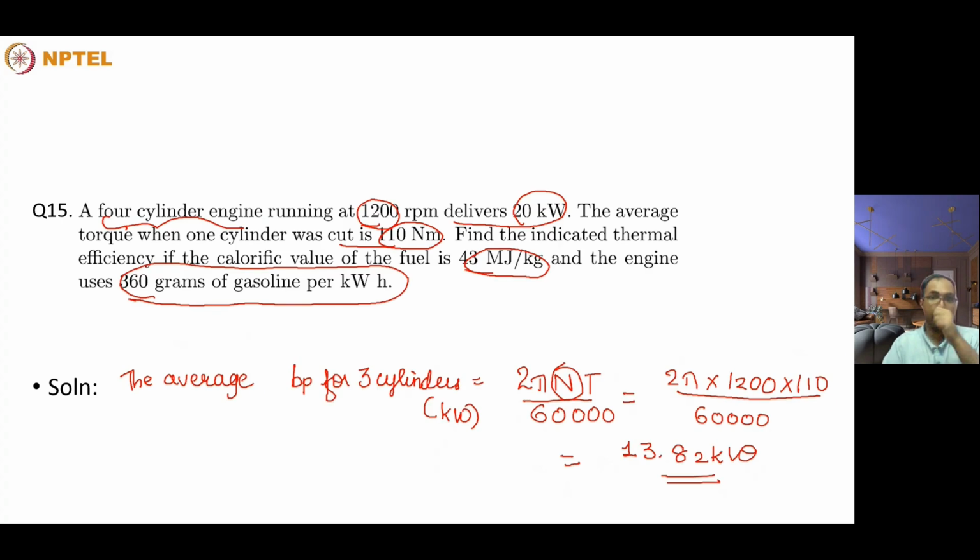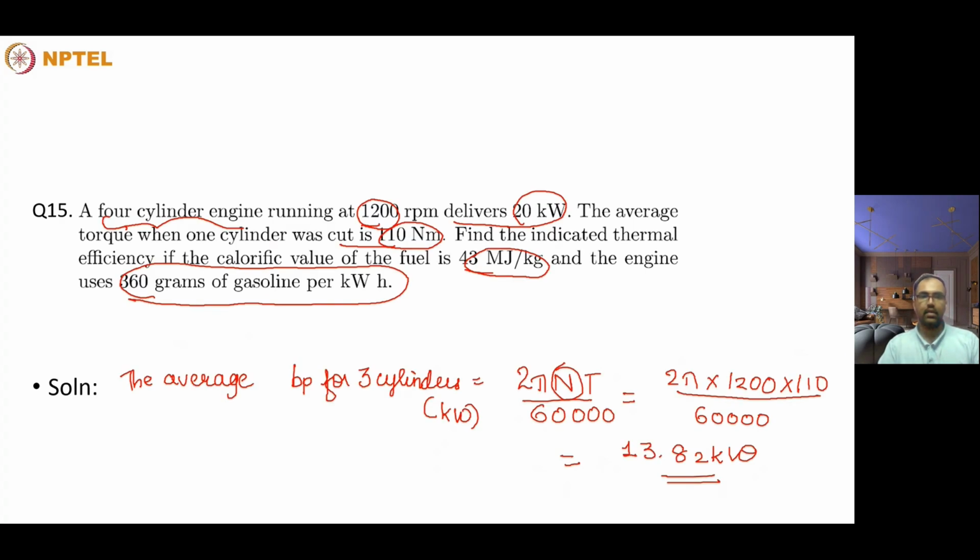So the average brake power for three cylinders, we have calculated as 13.82 kilowatt. Now we have to calculate the average indicated power for one cylinder.